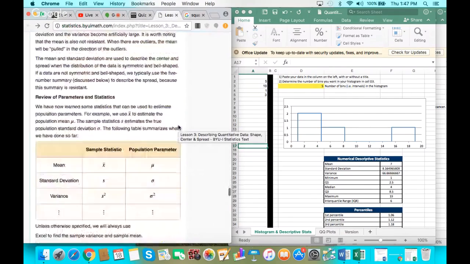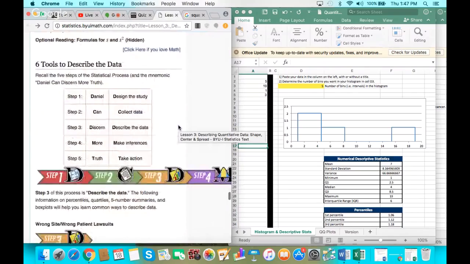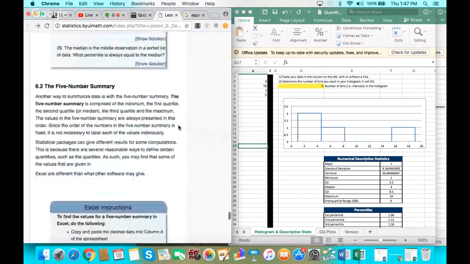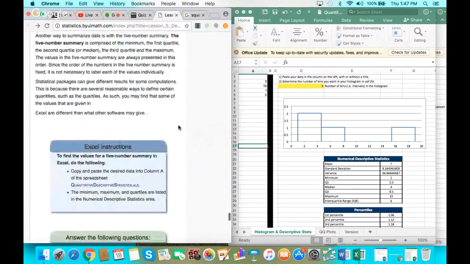Yes. So we need to input the data again. Where's the 5 numbers? Right there. So the minimum, the first quartile, the second quartile. Oh, cool, so I can just put this in here.